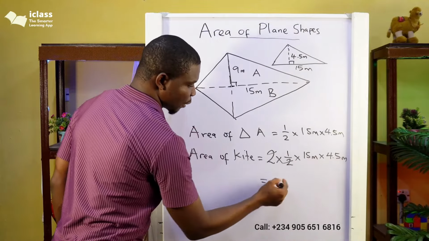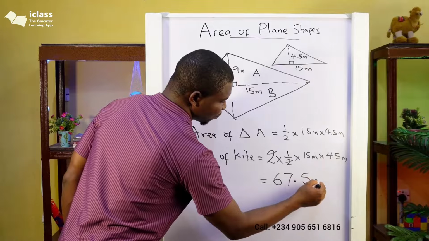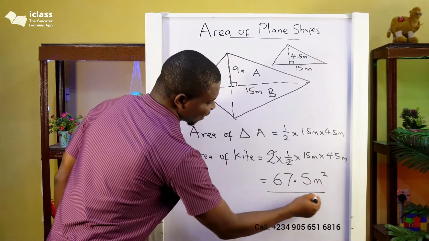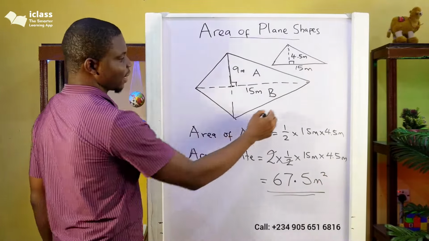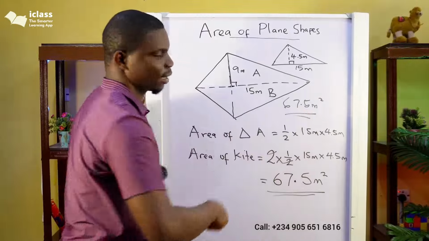Half of 15 is 7.5. That means this will be 67.5 meters squared. So the area of this kite is 67.5 meters squared. Interesting.